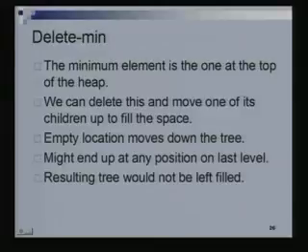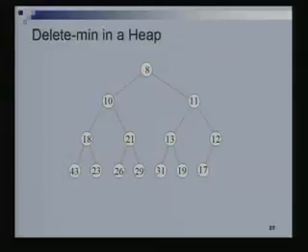So, just to illustrate what I am saying here, let us look at this picture. We are trying to delete the minimum element from the heap, which is 8. So, suppose I were to do that. This creates an empty location here. Now, I am going to take the smaller of the two children and move it up here.